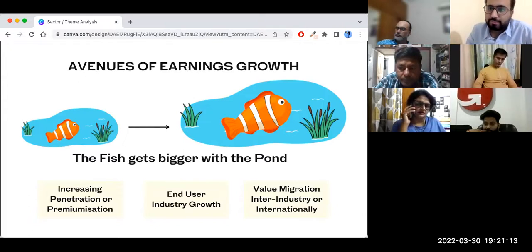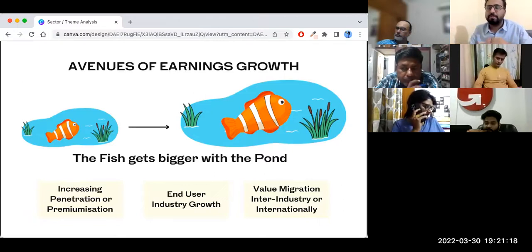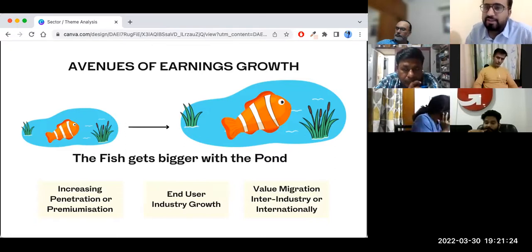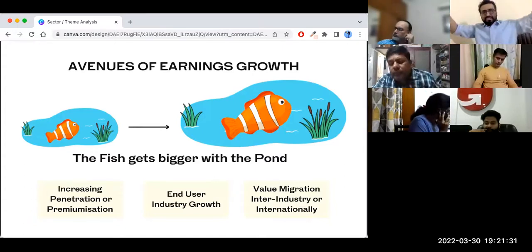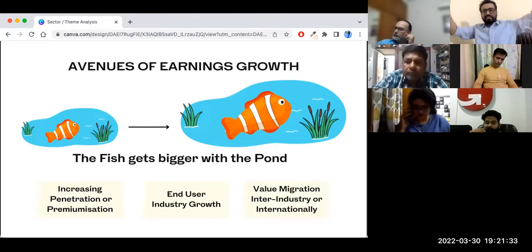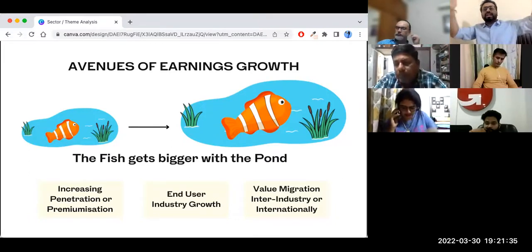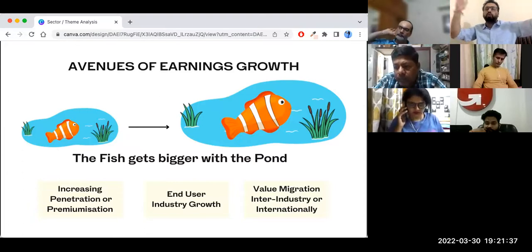The first way a company can grow in relation with the sector is fish gets bigger with the pond. What does this mean? Because the sector is expanding, the company is also expanding within that, or close to that rate, right?